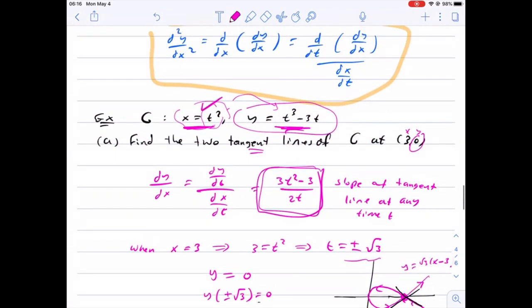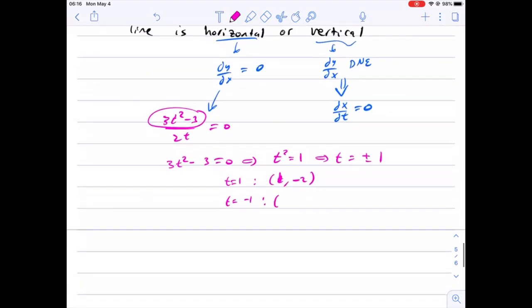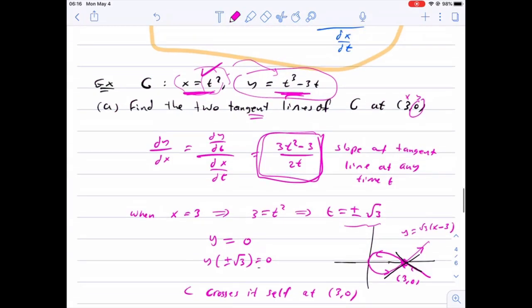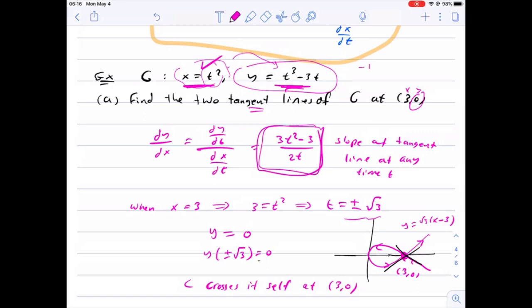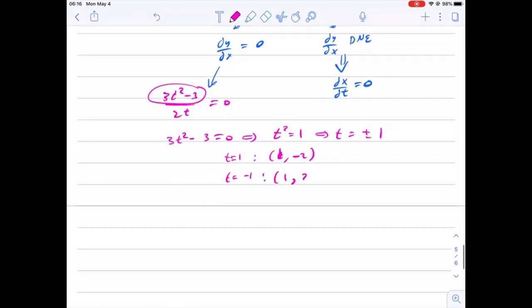When t is equal to negative 1, x is negative 1 squared, which is 1. And y is negative 1 plus 3, which gives positive 2. So the two points are (1, negative 2) and (1, 2). These are the points on the curve C where the tangent line is horizontal.